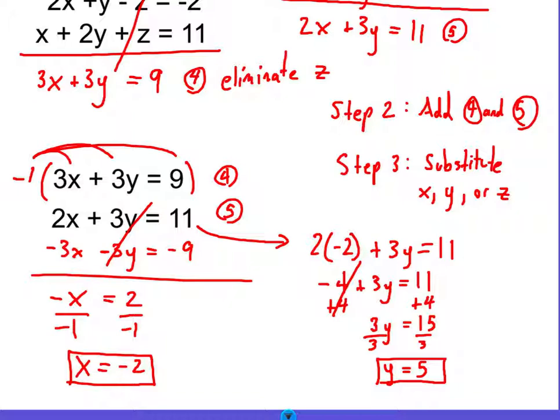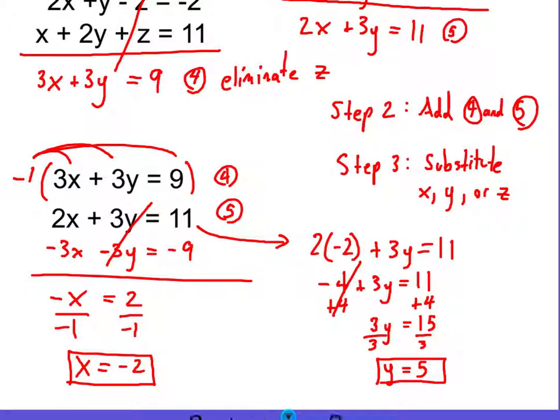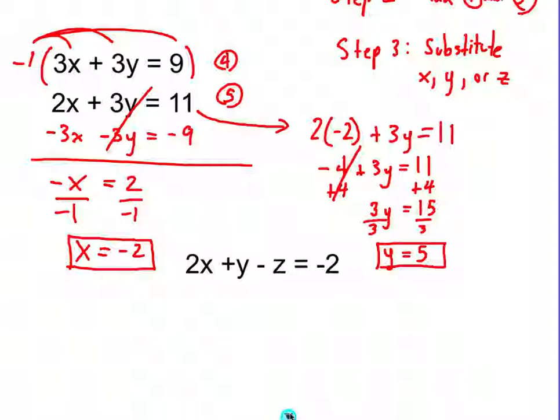Finally, since I have x and y, I need to substitute that back into either equations 1, 2, or 3. Let's pick equation 1. And by substituting x and y, I'm able to solve for z.